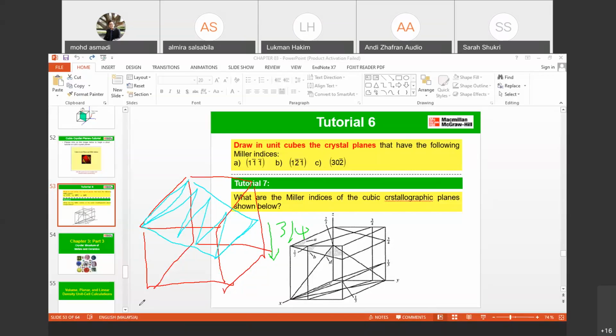This one is X, this one is Y, this one is Z. So that means this one is 1, 4. Can you determine the Miller indices based on this plane or intercept? How do you determine the Miller indices for A? Only A. This one is A. 3, 4.